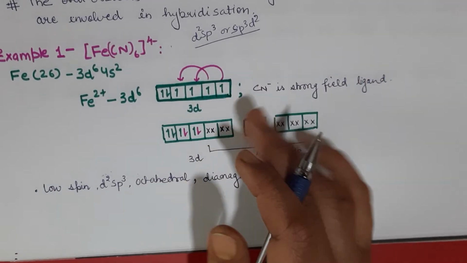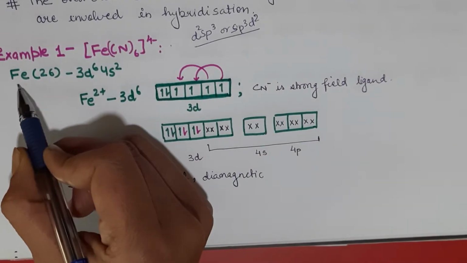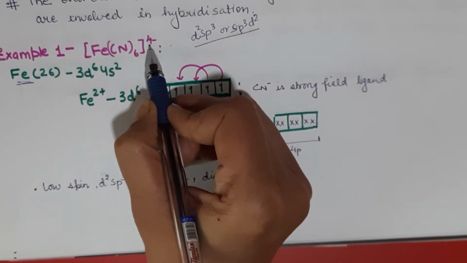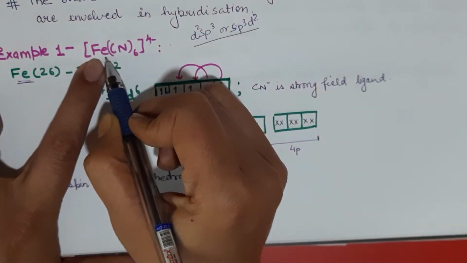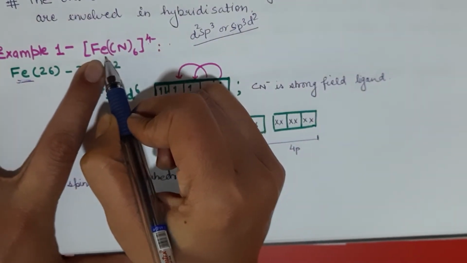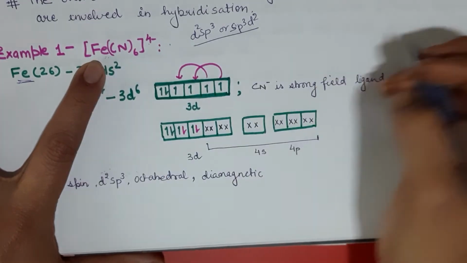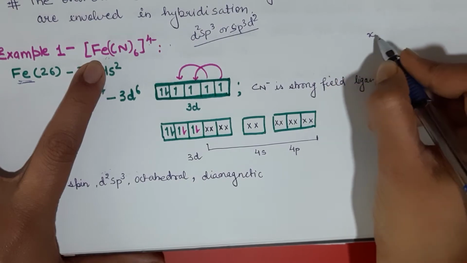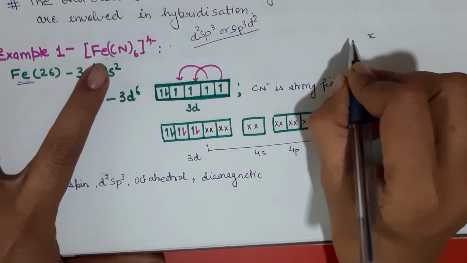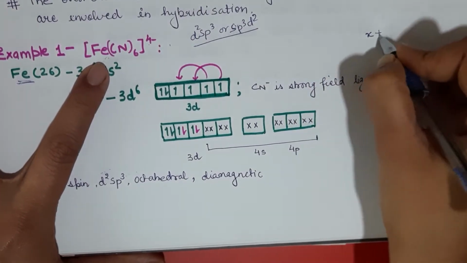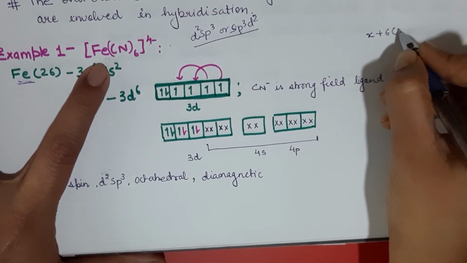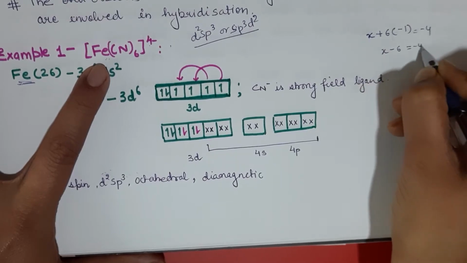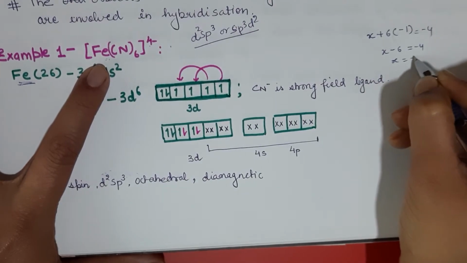So let's have a look. We have iron and the complex has a -4 charge. First of all you have to calculate the oxidation number of iron. For that, x plus 6 multiplied by -1 equals -4, so x minus 6 equals -4, then x equals +2.